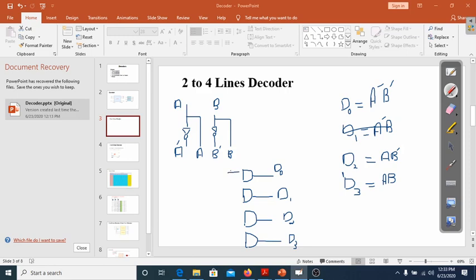Now we know that D naught is equal to A prime B prime. So I will connect this with this A prime and with this line B prime. I am not using a wiring connection here, you guys can understand. This input is connected to A prime and this input is connected to B prime.